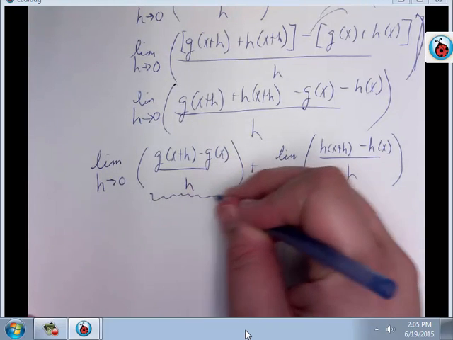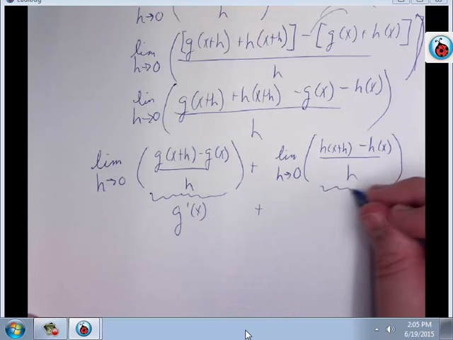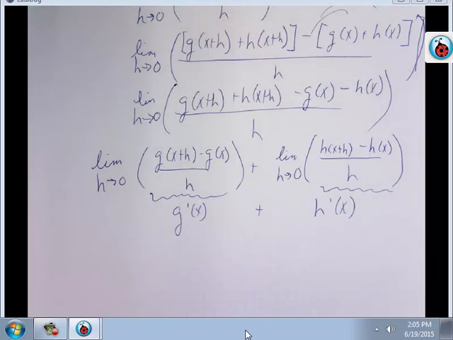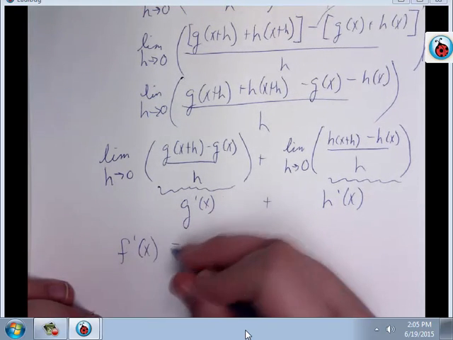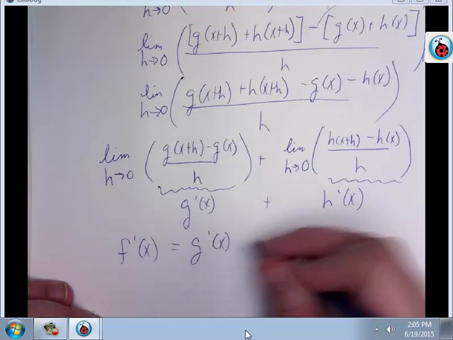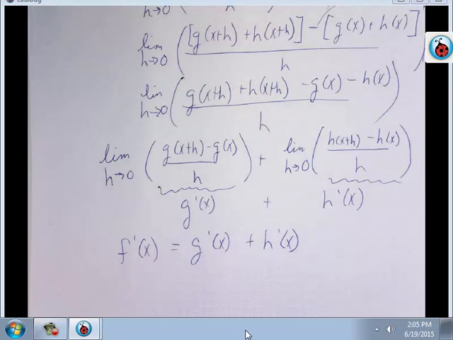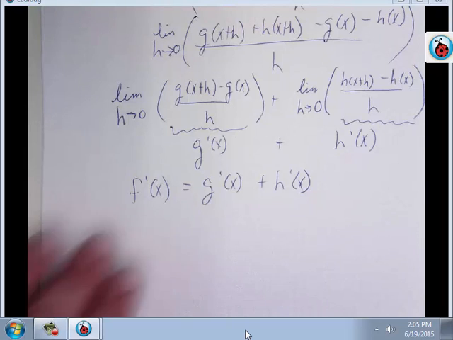This is g prime of x. And this is h prime of x. So that means that f prime of x equals g prime of x plus h prime of x. All right. That one's not too bad.